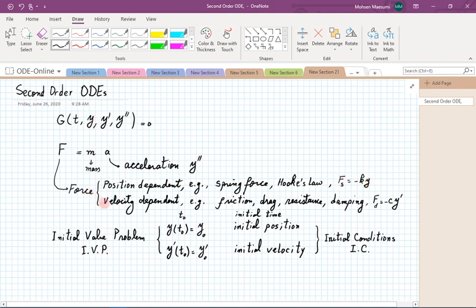The second source of force is velocity dependent forces. This comes under titles such as friction, drag, resistance, damping, and so on. In these cases, we are going to take the position that the drag force is proportional to velocity. Velocity is this y prime here.